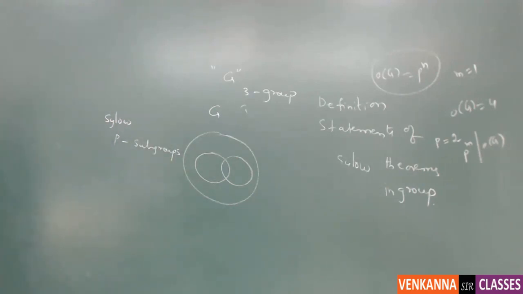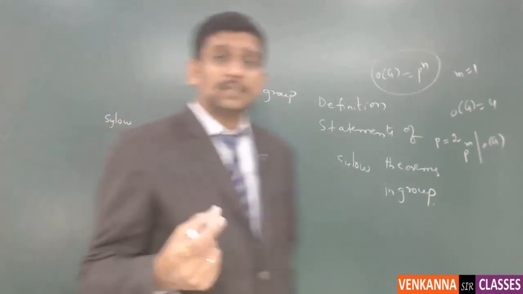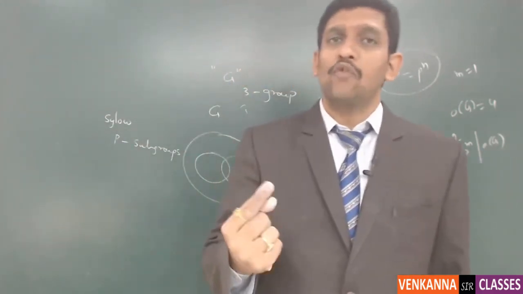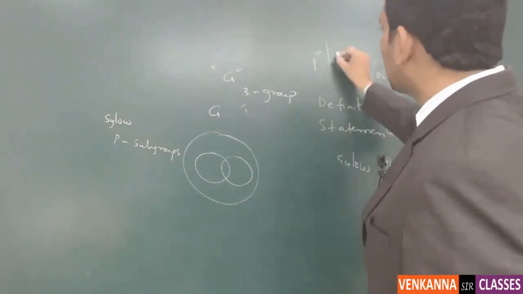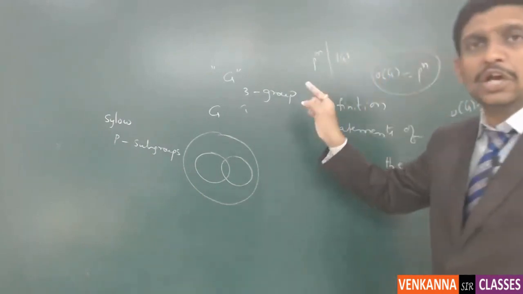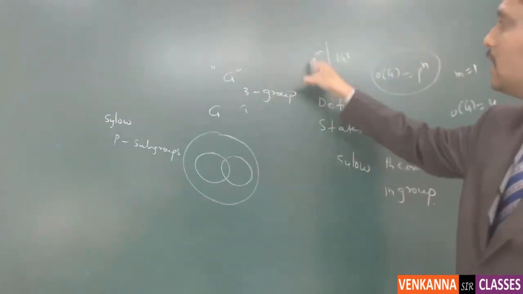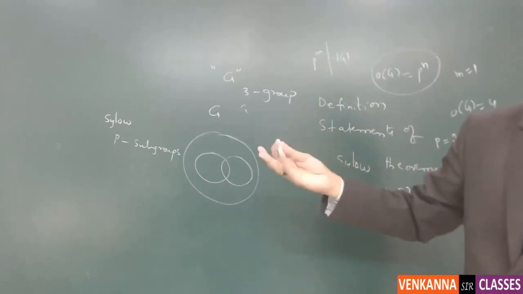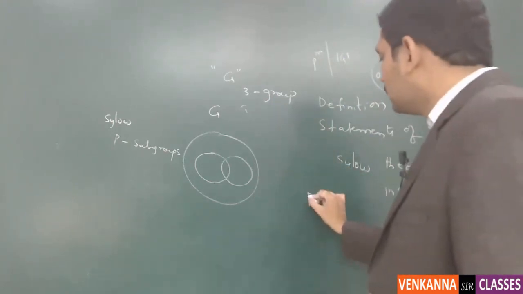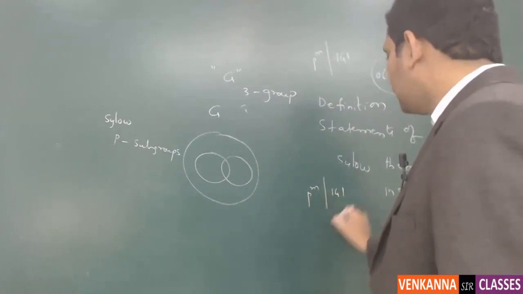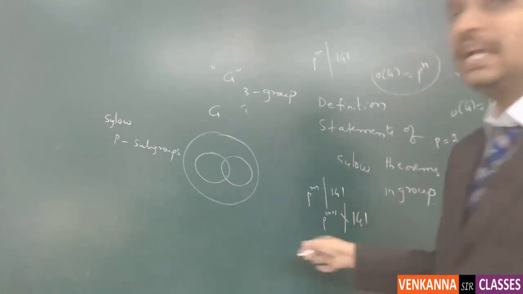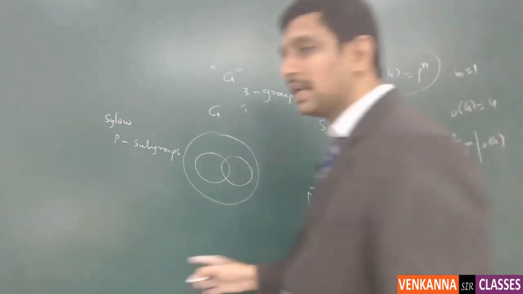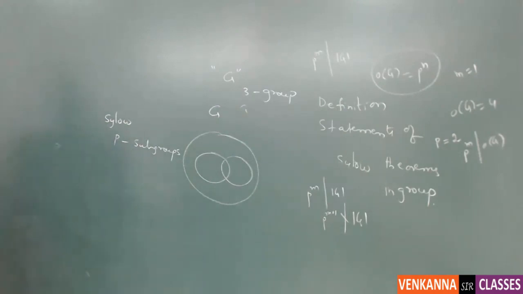Since the second condition is compulsory for Sylow, some authors state the first Sylow theorem as: P power M divides the order of G implies you can find a subgroup having order P power M. Some authors define it as: P power M divides the order of G and P power M plus 1 does not divide the order of G, then you will get a Sylow subgroup. Both are correct. Different textbooks have given it differently, right?